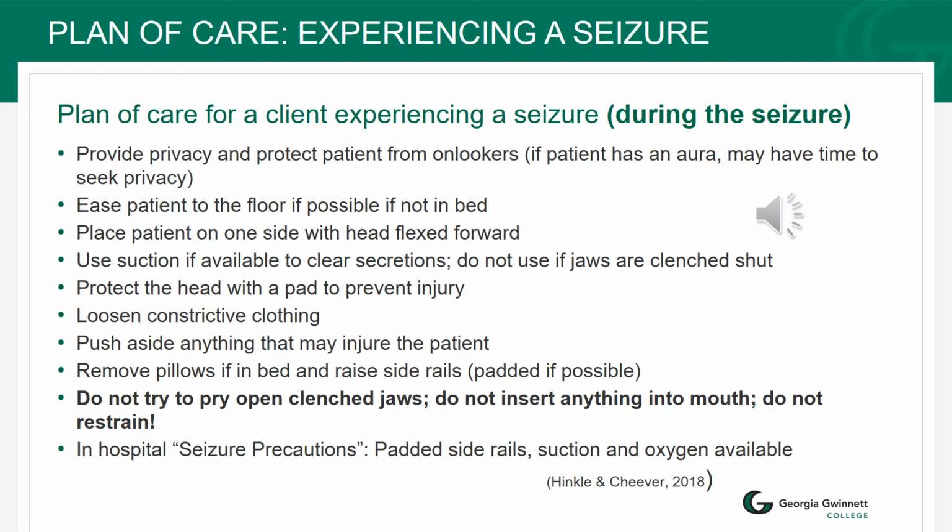If a patient is in the bed and they start to have a seizure, you want to raise those side rails that are hopefully padded. Remove the pillow or any other blankets from the bed, because they'll be jerking and moving around, so you don't want anything to impact their airway.